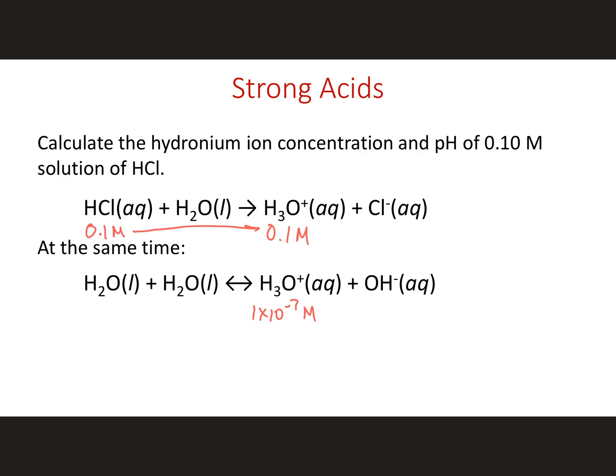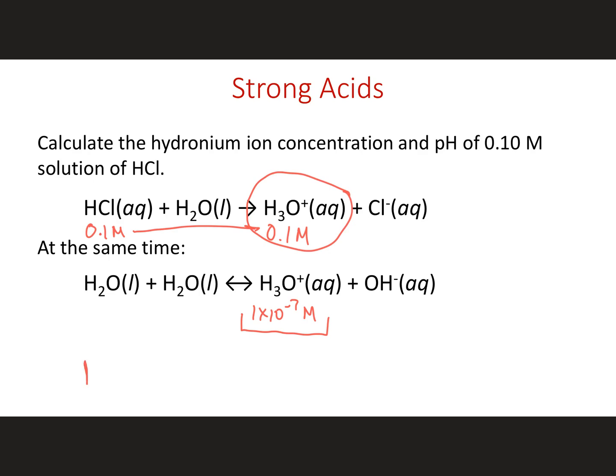It's so much smaller than 0.1 molar that no, we don't have to worry about the concentration of hydronium from the auto-ionization of water. The concentration of hydronium from HCl is so much greater that the concentration of hydronium from the auto-ionization of water will have no impact on the pH of that solution.